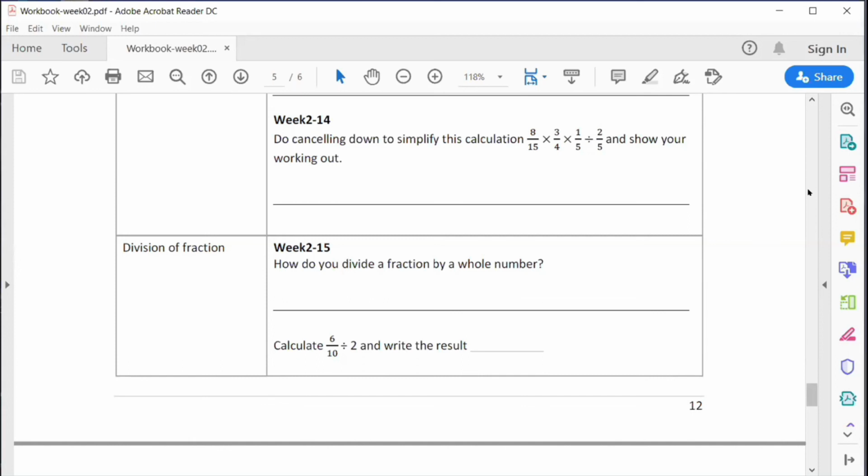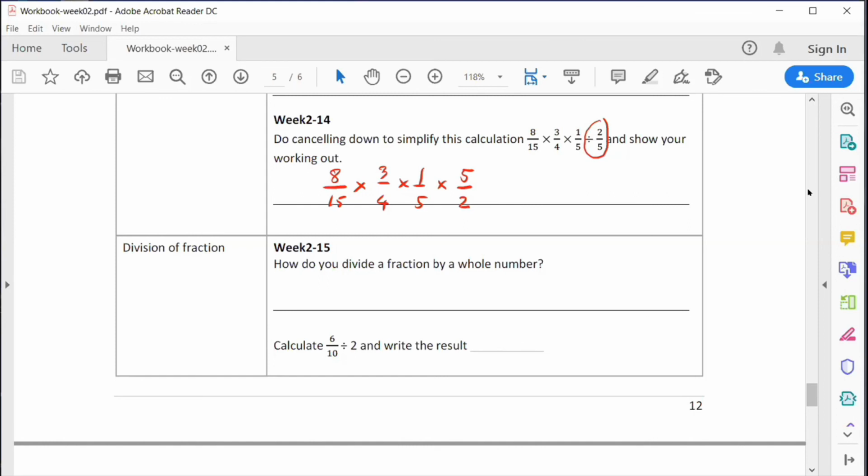So that's 3 out of 4 times 1 out of 5, and obviously you flip the thing, you times with 5 over 2.